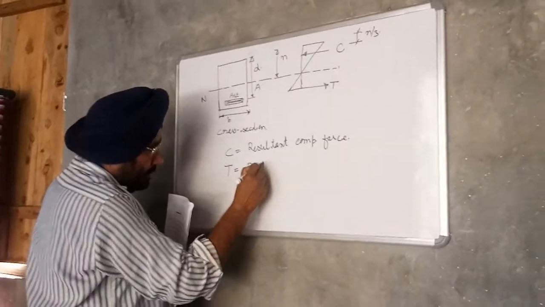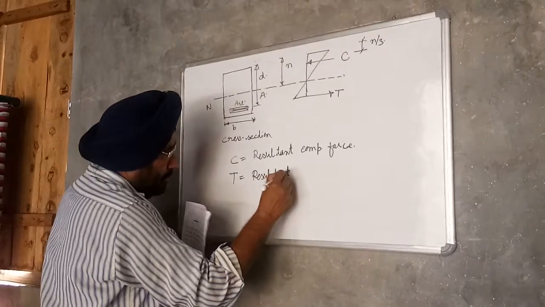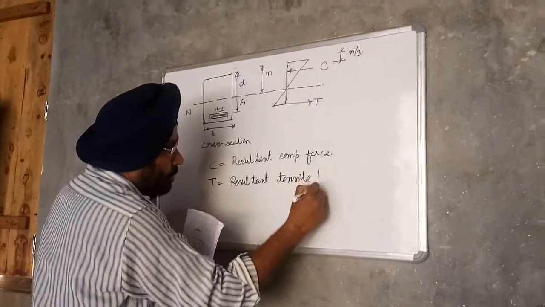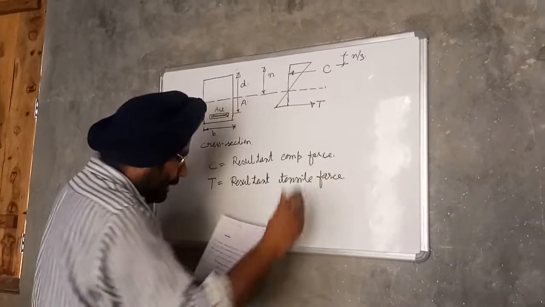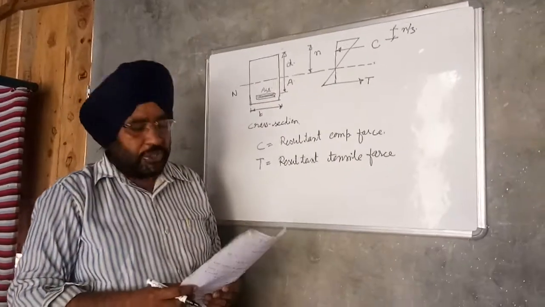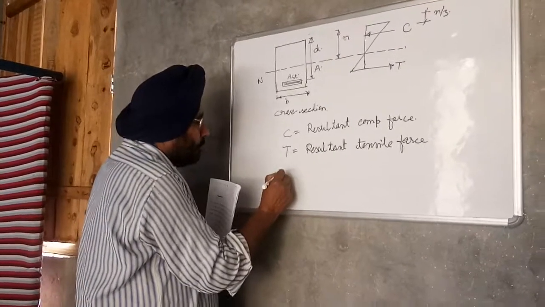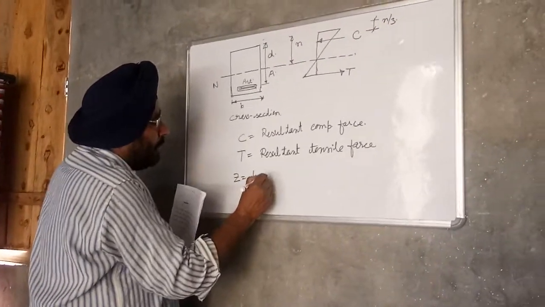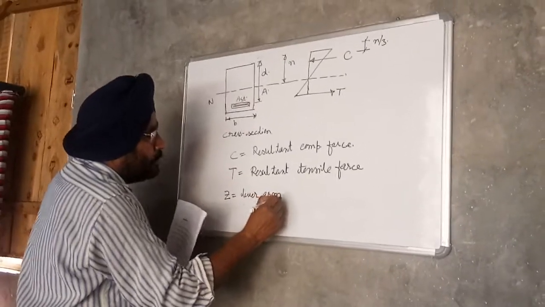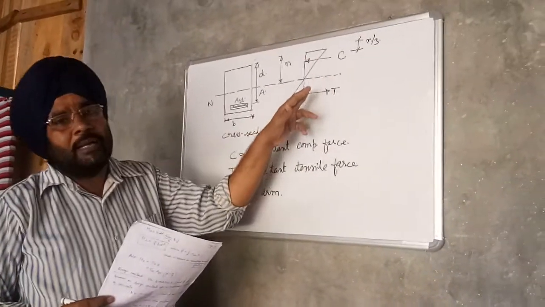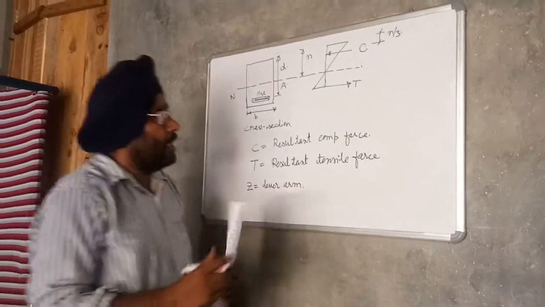T is the resultant tensile force acting at the CG of the steel. So then what is lever arm? Z is lever arm. So lever arm is denoted by Z. The distance between the resultant compressive force and resultant tensile force is called lever arm.